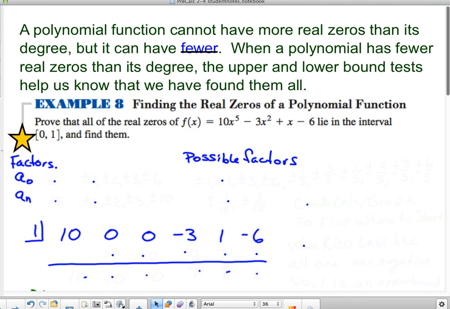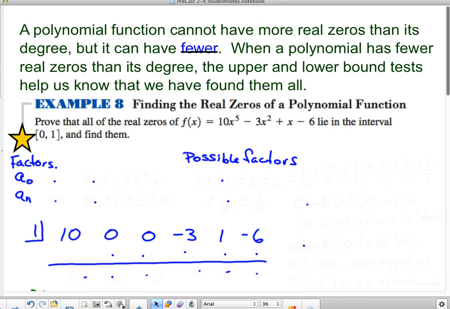The factors of 6, the values that make 6: 1 and 6, 2 and 3. The factors that make 10: 1 and 10, 2 and 5. Look at those combinations. How many will there be? Be thorough. And then again, I'm asking for a list of possible real zeros.